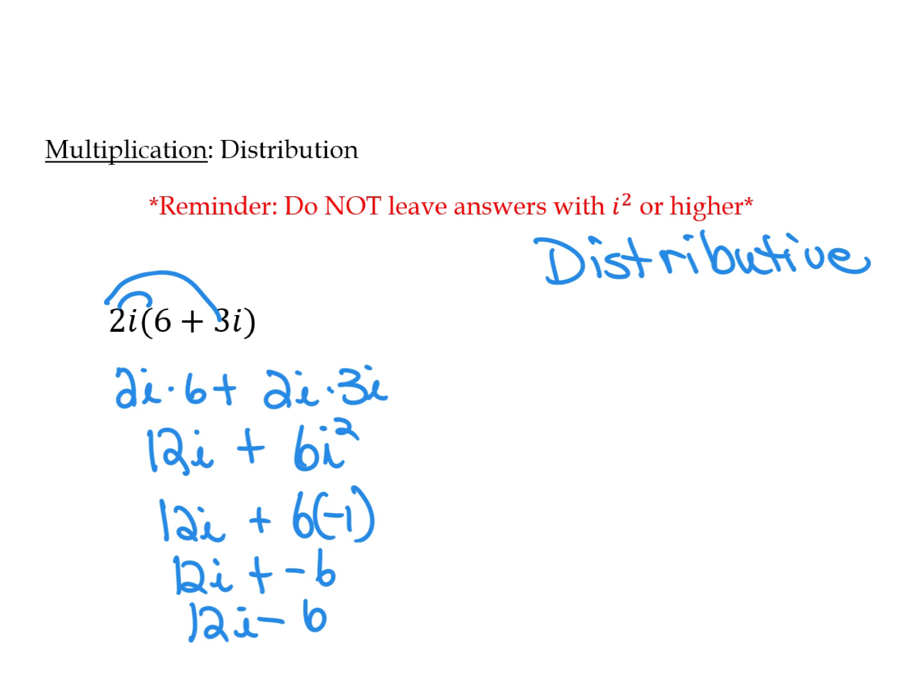By definition, we know that i squared has a value of -1. Therefore, anywhere I see an i squared, I'm going to replace it with -1, and I simplify to get 12i plus -6. In algebra, we normally do not look at plus negatives, so this would be written as 12i minus 6.